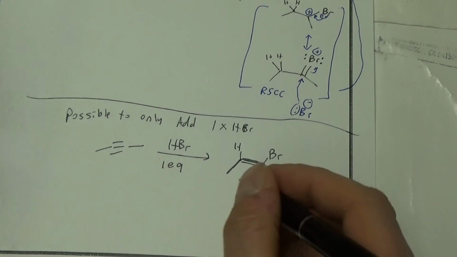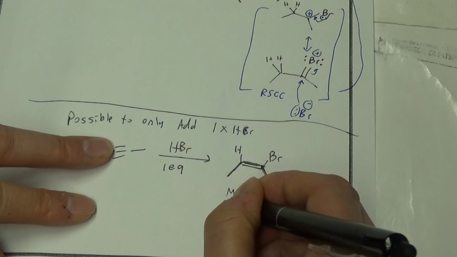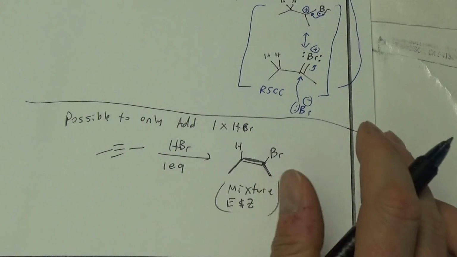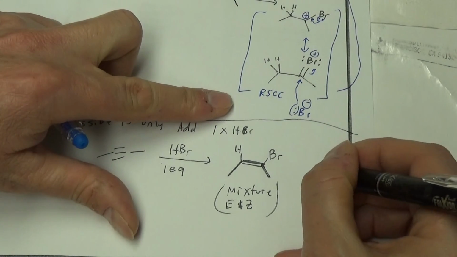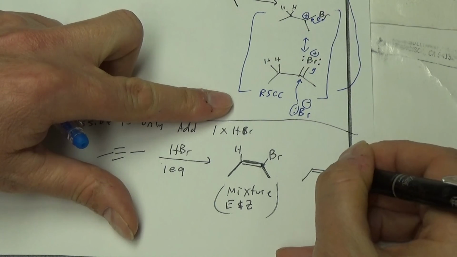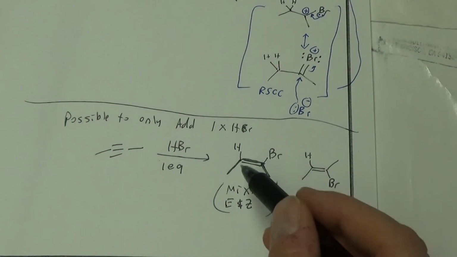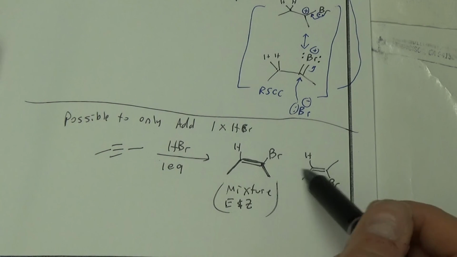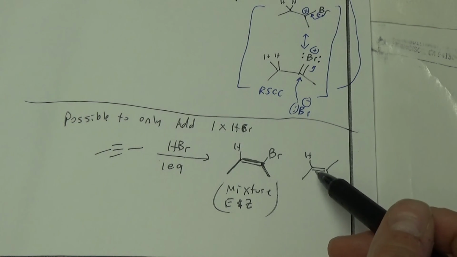You might get a mixture of E and Z. Remember E and Z from alkenes? It's a stereochemical designation. So you might get this stereoisomer, you might get the other one. Okay, but anyway, it is possible to do a single addition, and we'll see why that's useful later in this chapter.